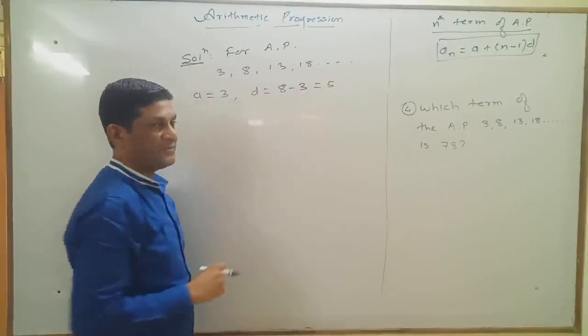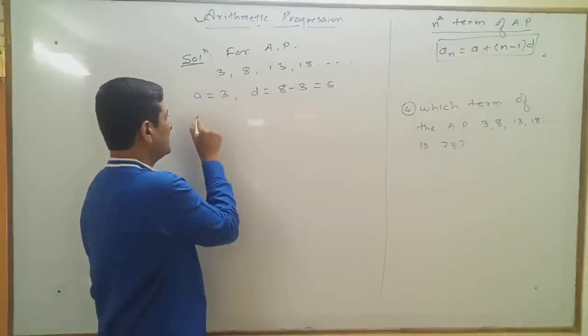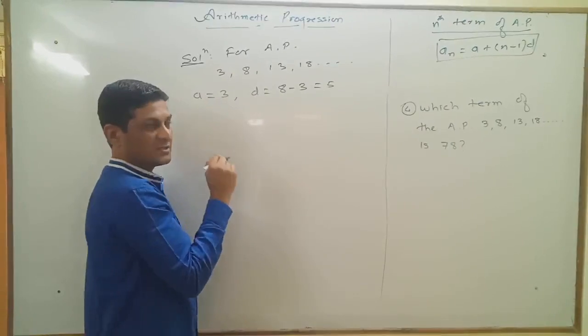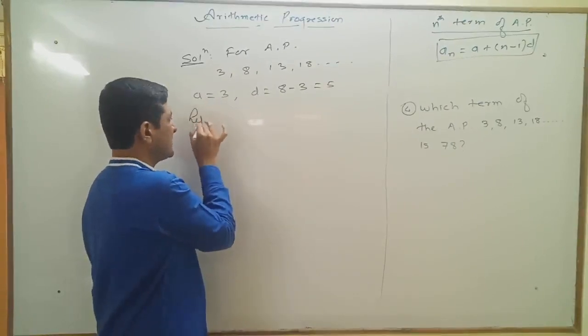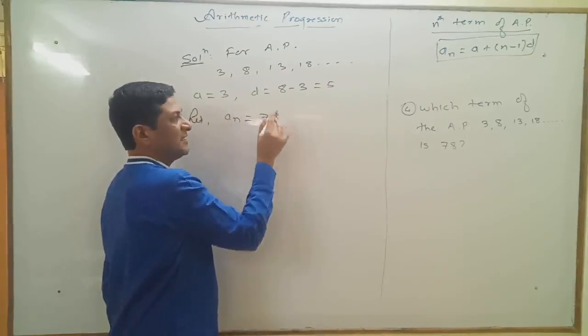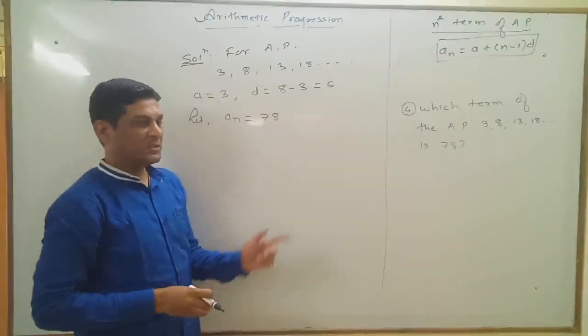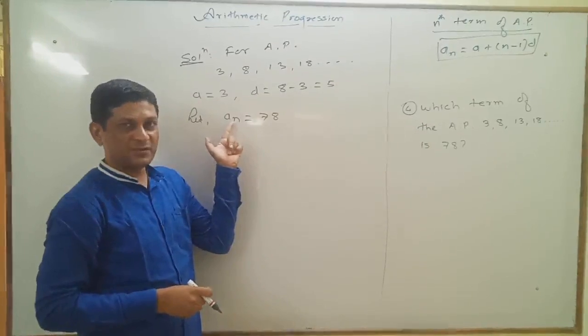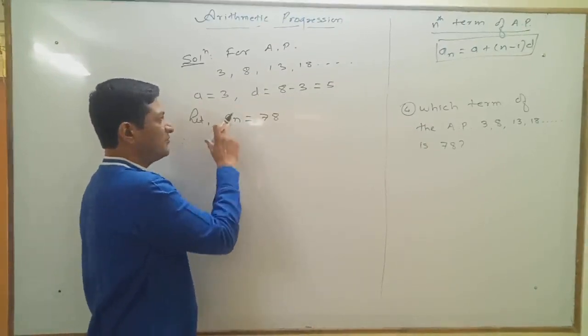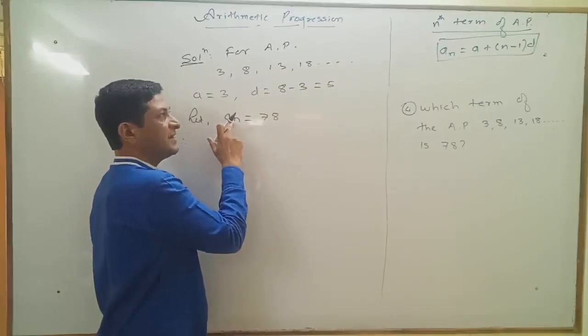Once the values of a and d are known to us, we have to find out that 78 is which term in this arithmetic progression. So I am supposing that the nth term of this arithmetic progression is 78. This is our supposition. Using this supposition, the aim is to find out n. So we have one formula to find the nth term.